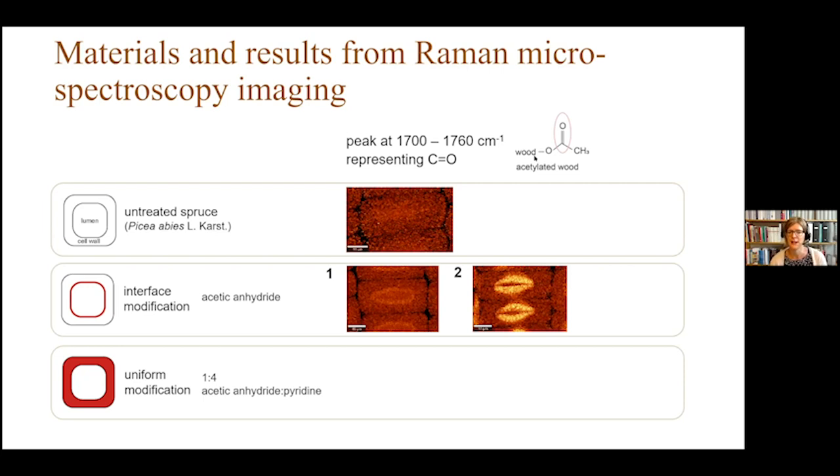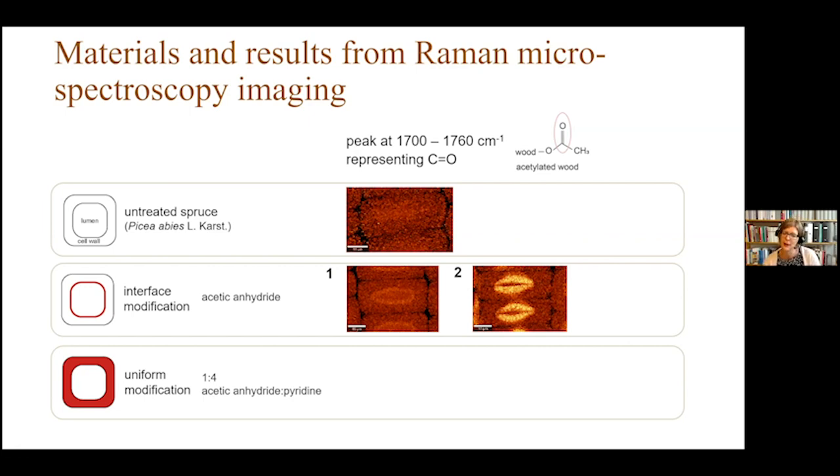We can see the untreated spruce as a reference, and for the interface modification, which we did to two different degrees, we can see a light modification at the surface in case A, and a higher intensity modification in picture 2. But in both cases, the modification only acted at the cell wall surface, not through the cell wall.